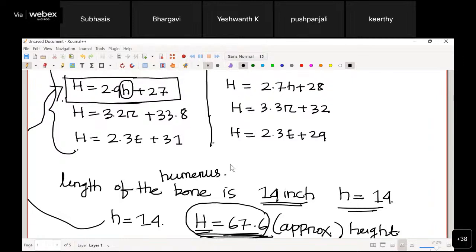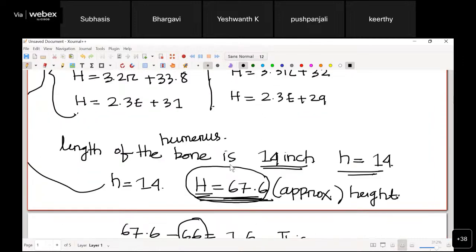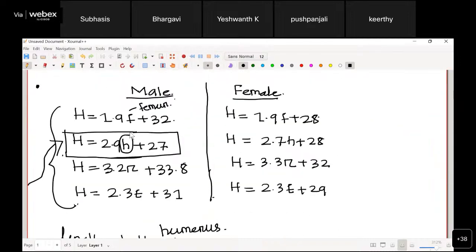Precisely, if you substitute 66 in this equation and 14 on the right hand side... No, sir, I mean that we will be calculating the value of small h by substituting capital H.